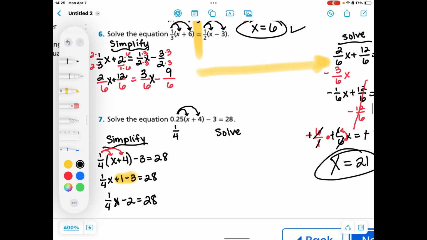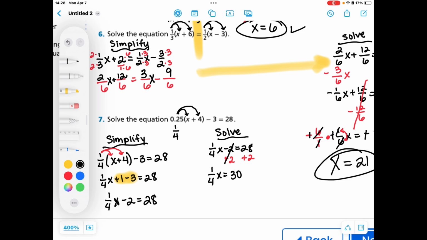In order to now solve, 1 over 4x minus 2 equals 28. We're just trying to get x by itself. We can add 2 to both sides, giving me 1 over 4x equals a 30.